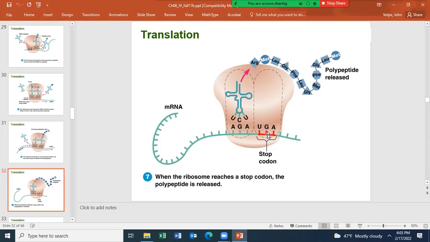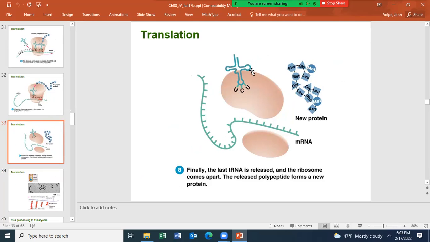Once the ribosome reaches the stop codon, it will release the protein from the tRNA and the messenger RNA, and then the ribosome will disassociate and fall off of the messenger RNA, shown here. Protein is separate and the ribosome falls apart and the last tRNA comes out.